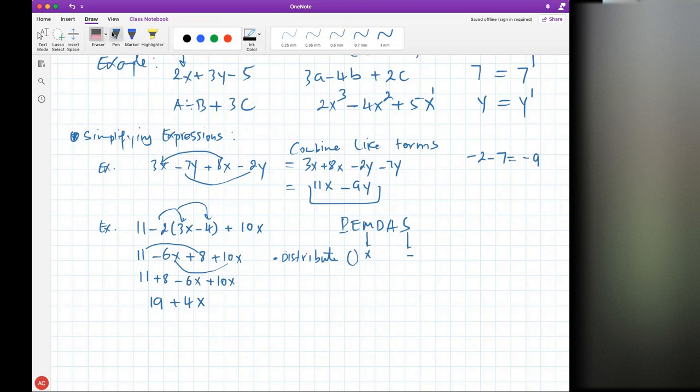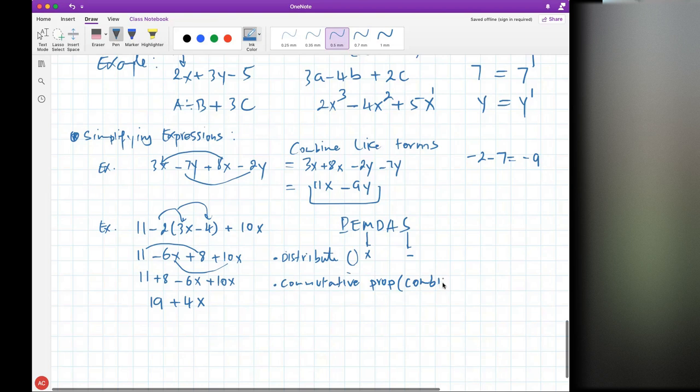That's why I said earlier, we're going to be using those properties without having to remember their names, but we used them. So we distributed, then commuted, we used the commutative property. We use that to combine. It's another, basically, term for combining like terms.